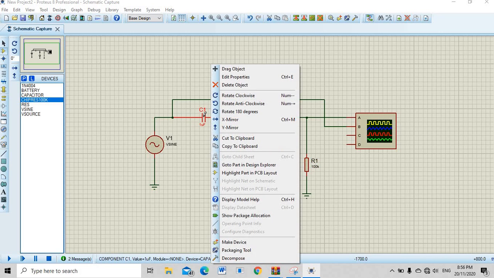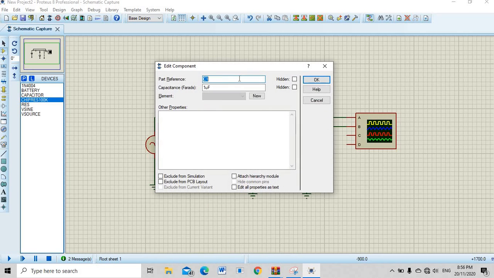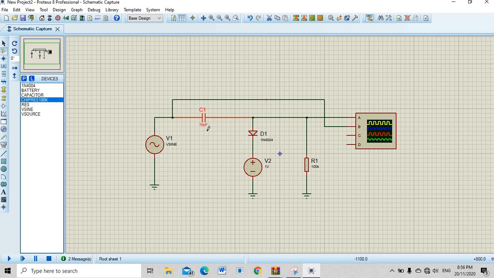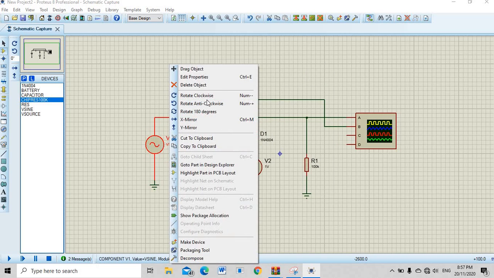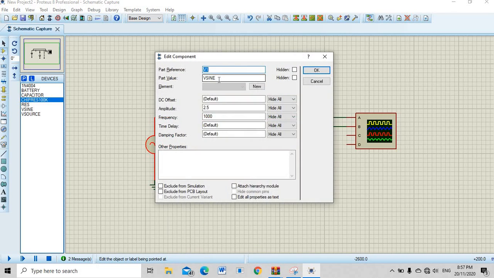We must change the values based on the instruction of the question. Set the value of the capacitor to 10 microfarad. The amplitude of the sine wave is 1.5, as the voltage peak to peak is 3 and the V peak is 1.5.